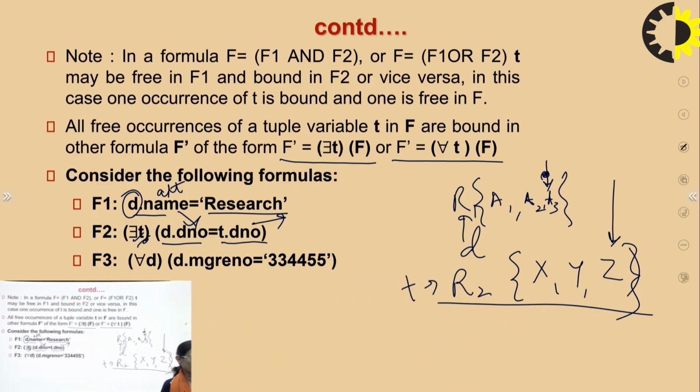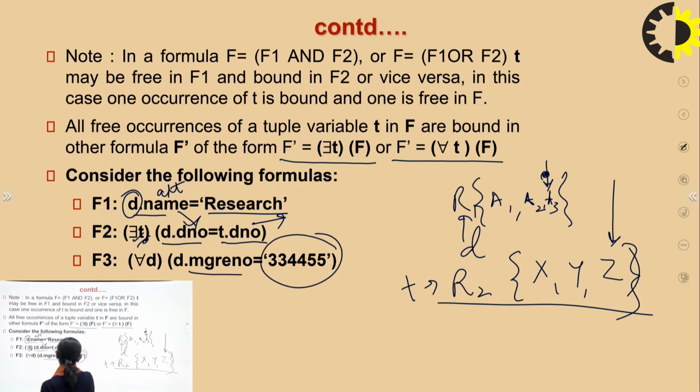And what the formula F3 says is for all D. We need to look for all the D where D dot attribute is equal to this constant.